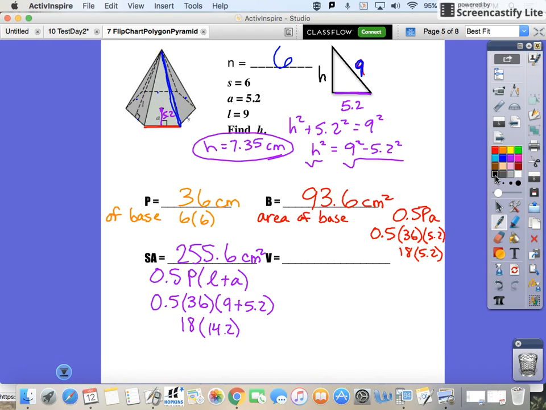And last is volume. Volume is area of the base times height divided by 3. So 93.6 times the height, which was 7.35, divided by 3.